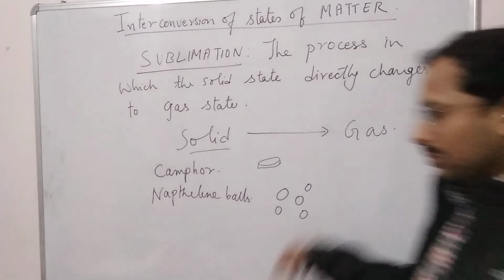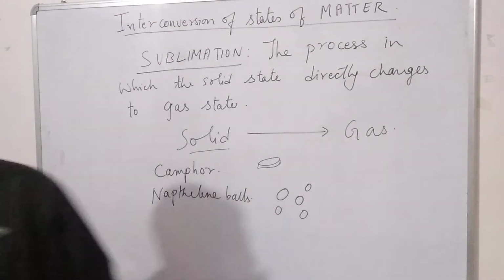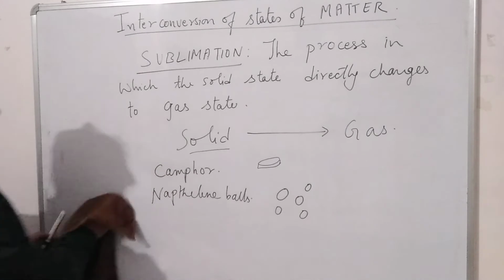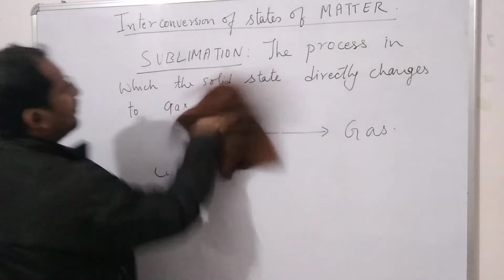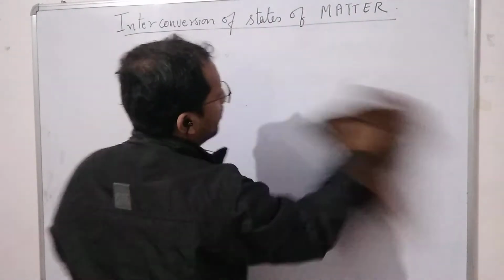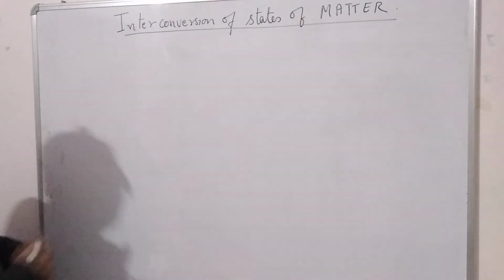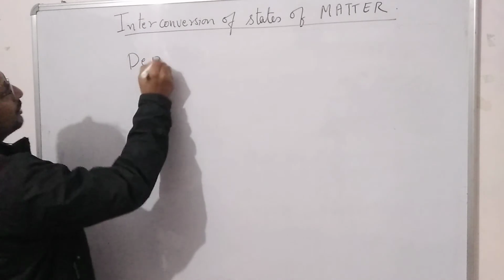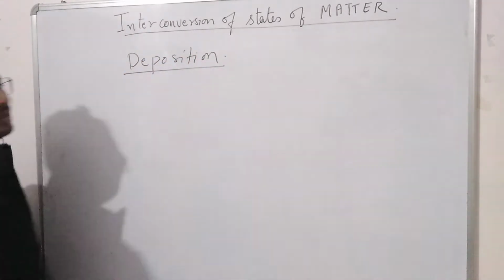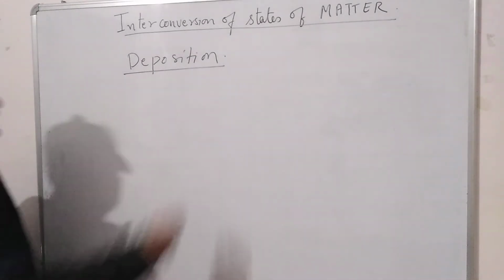And just opposite of this, what we are going to study is deposition. Now we have another term, deposition. Although I think this term is not given in the book, you need to understand it.